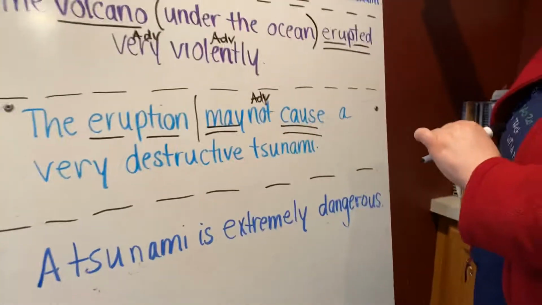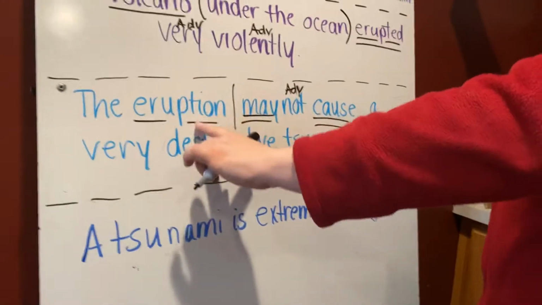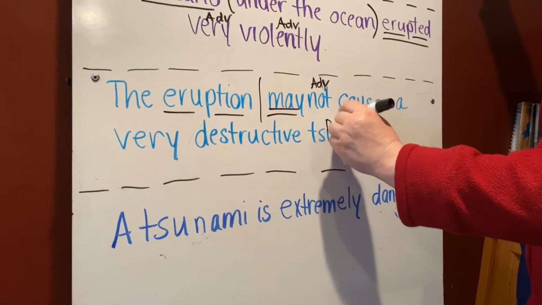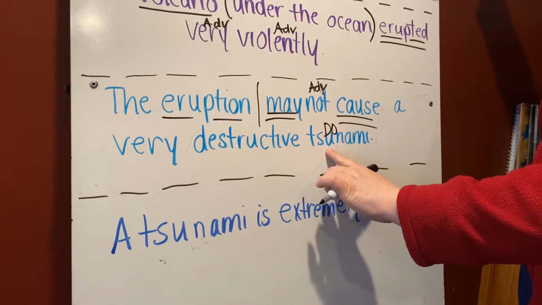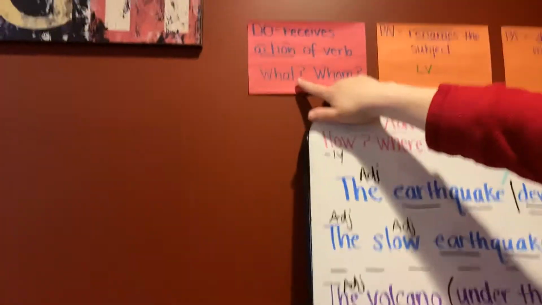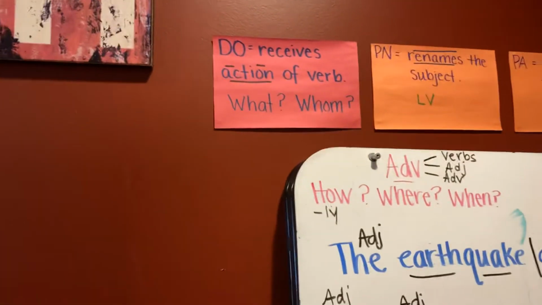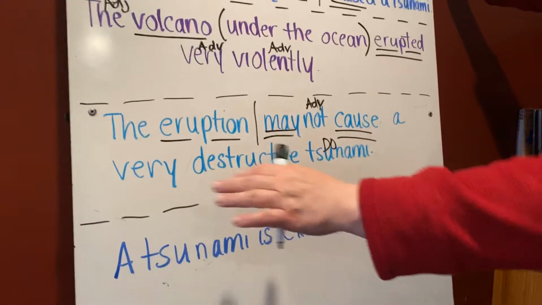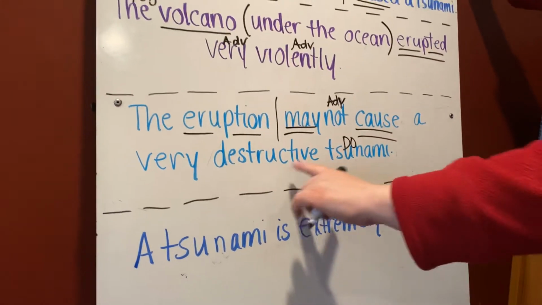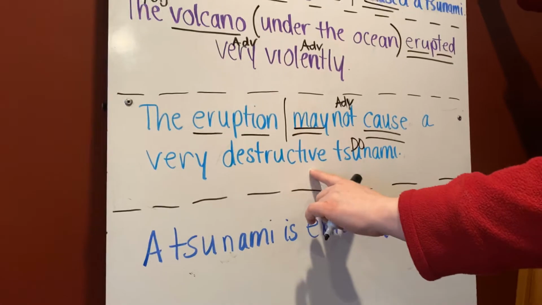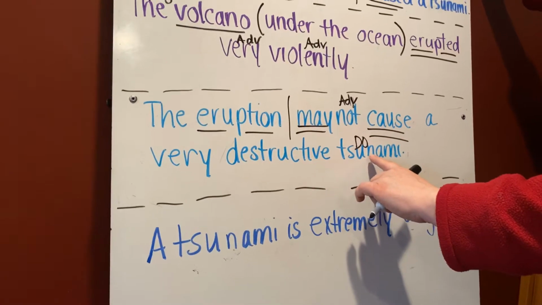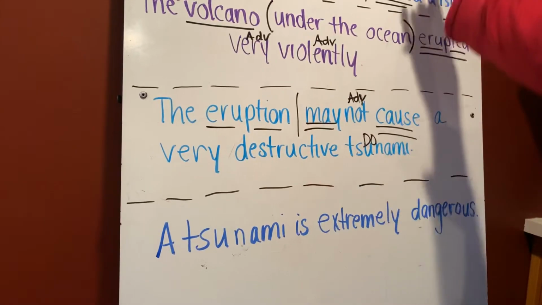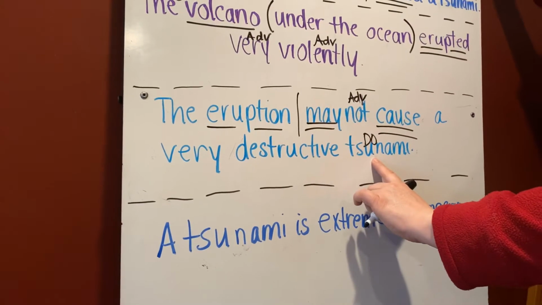A very destructive tsunami. Eruption may cause what? A tsunami. That's our direct object, answering the question what when we have an action verb. Okay. Now look at all of these words. A very destructive tsunami. So destructive is describing tsunami. So that tsunami is a noun.